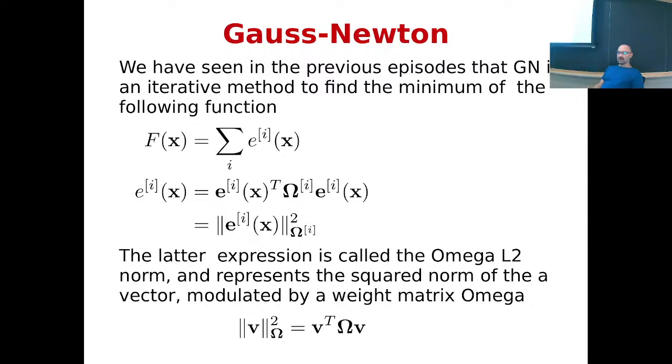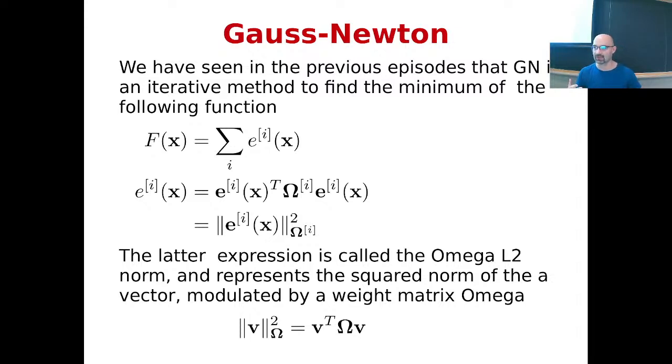Then we also have seen that, by embedding a special assumption into our system, which is the Gaussian error function, these scalar errors are the result of the outer product of the error vector, which is the difference between the prediction and the measurement, scaled by an information matrix omega that modulates the components of the error term.